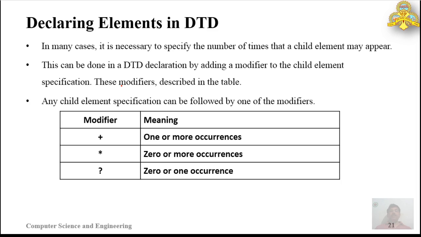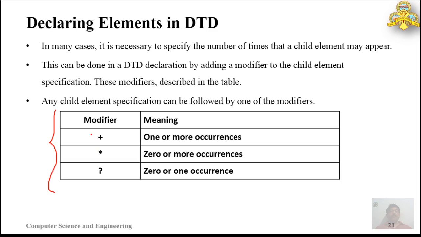And also whenever declaring an internal node, there are possibilities that the same child node may appear more than one time. So when this is the case, we have to specify the appearance of these child nodes, and for that DTD provides some modifiers as given in the table.